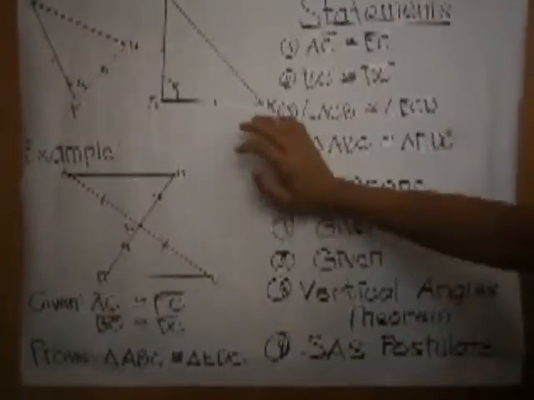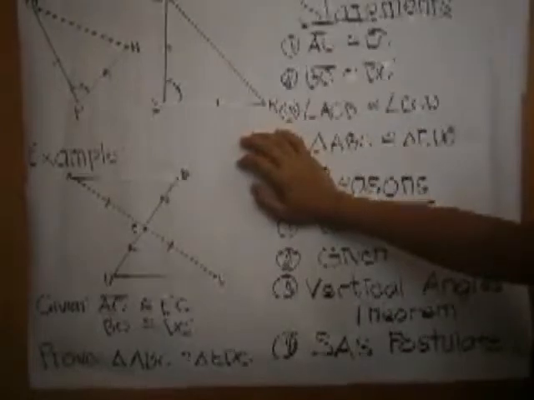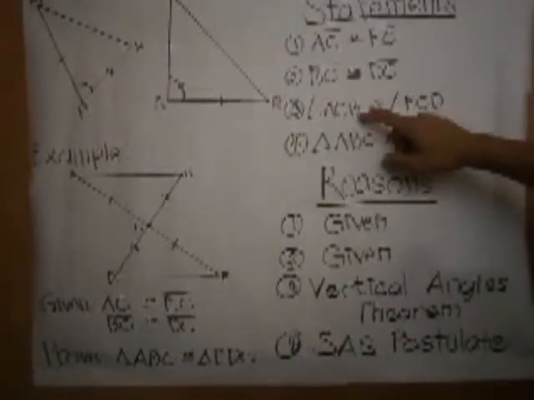Applying the SAS postulate proves that ABC is congruent to EDC. The two-column geometric proof is shown. Angle ACB is congruent to ECD, which is the vertical angles theorem. The next is triangle ABC is congruent to triangle EDC, which is the SAS postulate.